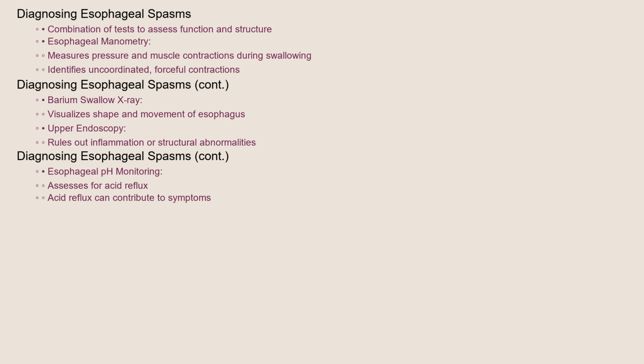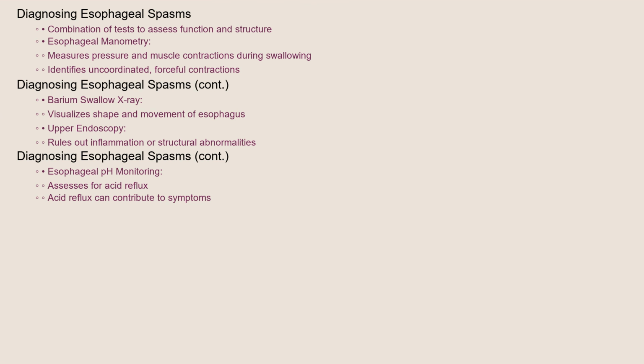It involves swallowing a barium-containing liquid, which coats the esophagus and allows doctors to visualize its shape and movement on an X-ray. An upper endoscopy, where a thin, flexible tube with a camera is inserted into the esophagus, can help rule out other conditions like inflammation or structural abnormalities.